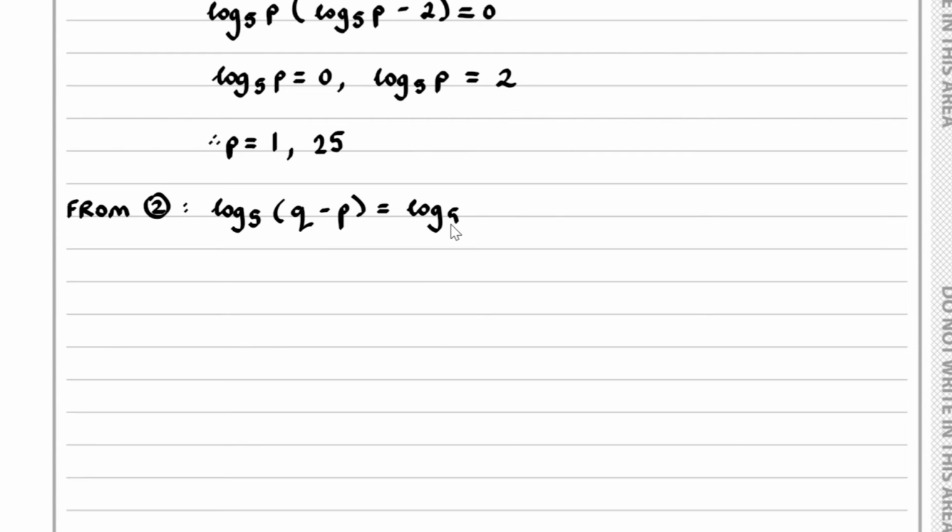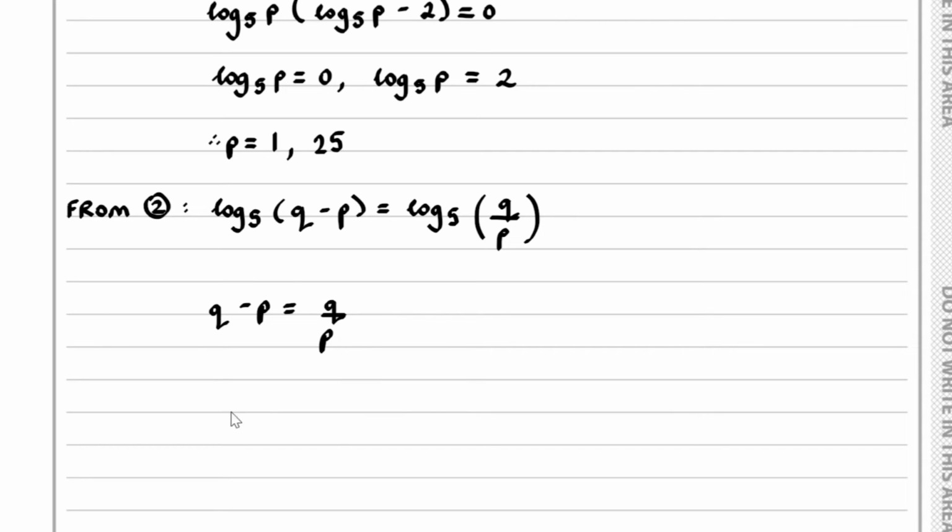So I've got log base 5 of q over p. That's just using the subtraction law of logs. And if I anti-log both sides, we end up with q minus p equals q over p.